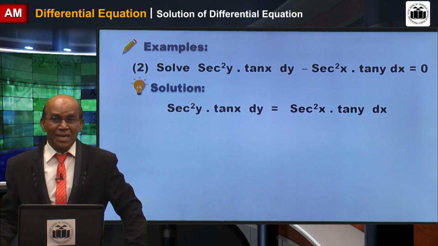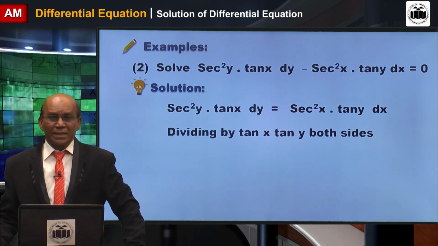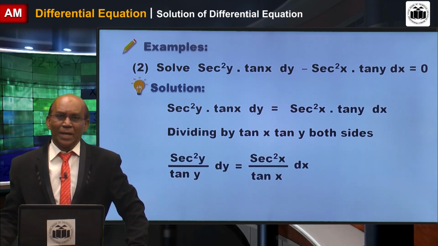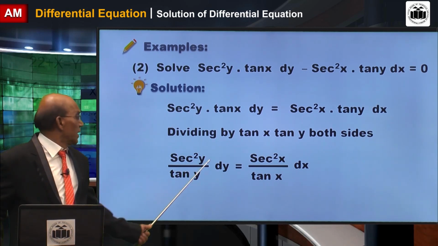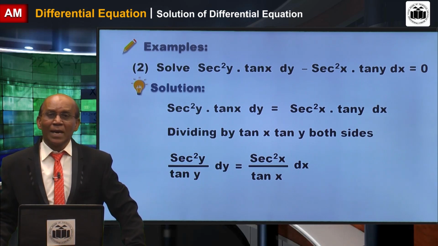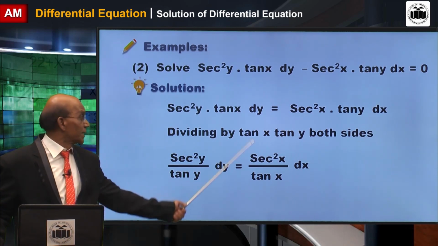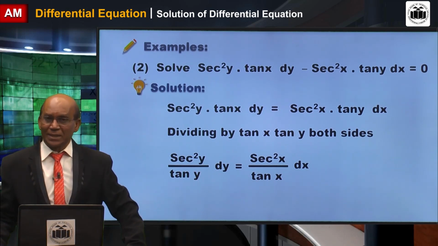Hence we divide by tan x tan y on both sides. After dividing, we can remove that tan x from the dy side, and we can remove that tan y from the right hand side term, leaving sec square x upon tan x dx.